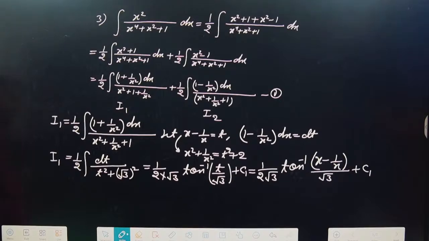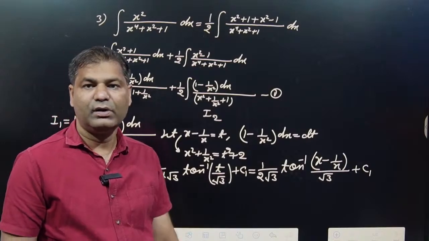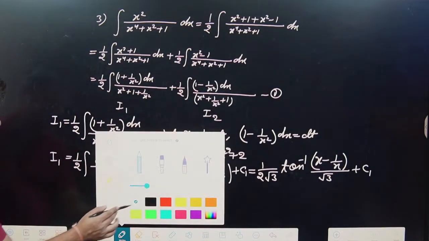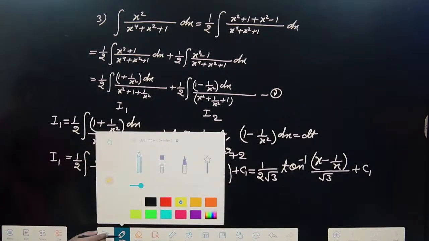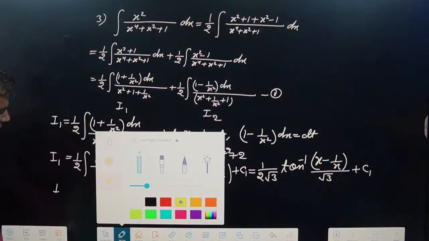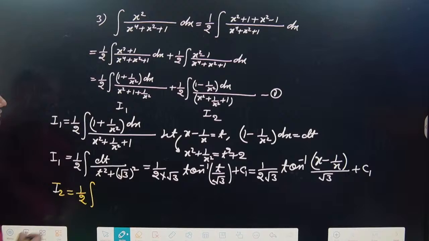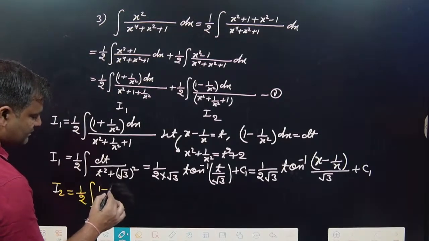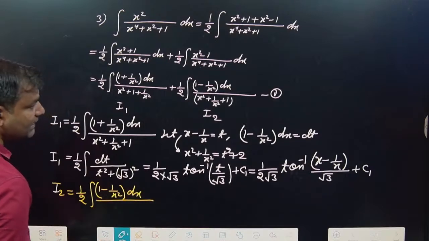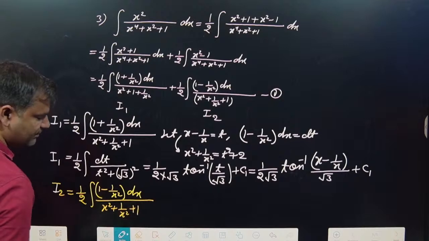After that, we focus on which part? I2. Okay. I2 is written as how much? 1 by 2 integration of 1 minus 1 upon x square dx divided by how much? x square plus 1 upon x square plus 1.